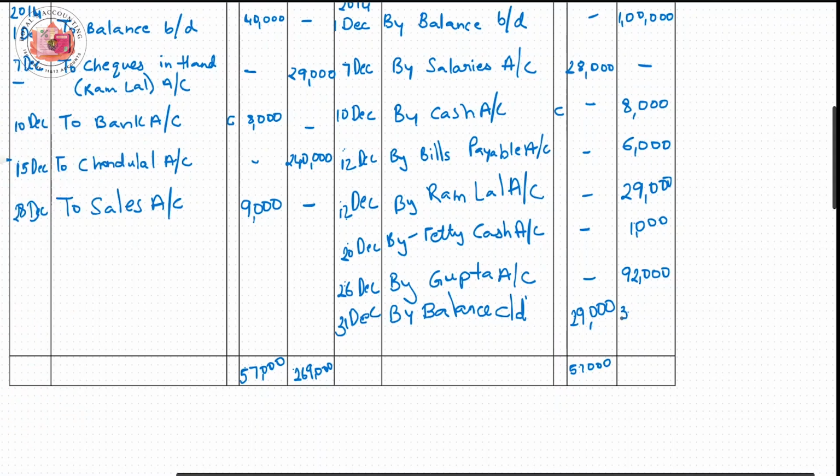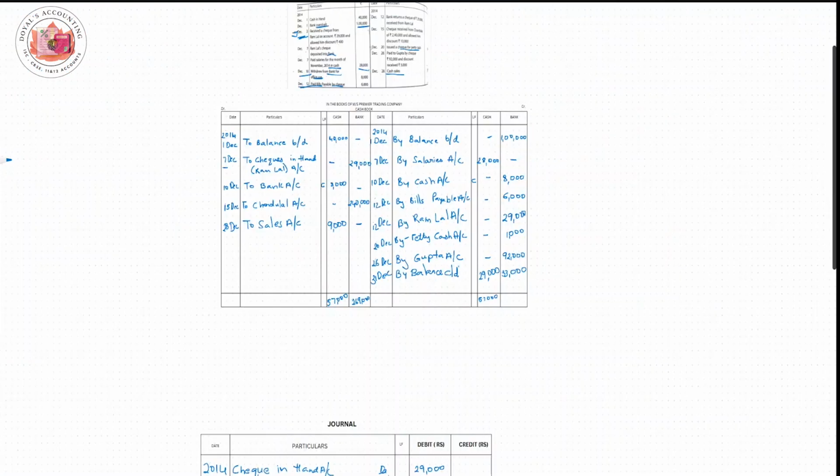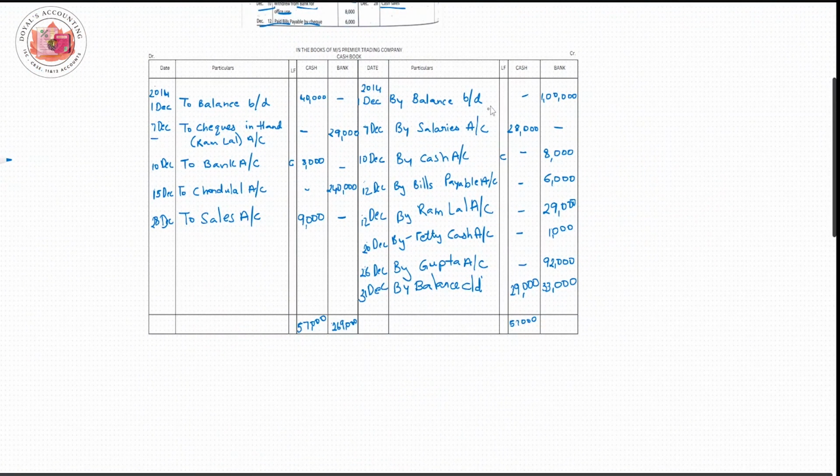This is good. My overdraft has been paid off. I now have a positive bank balance. At the opening of the month I had a negative bank balance of minus 1 lakh. Now I have a positive bank balance of 33,000. So this total will be 2,69,000.